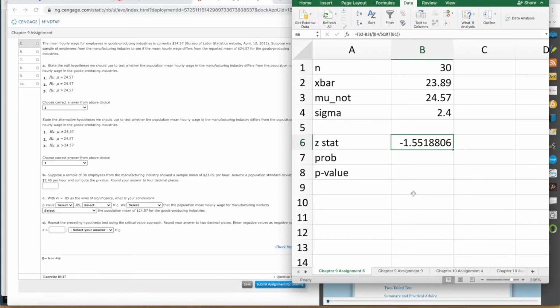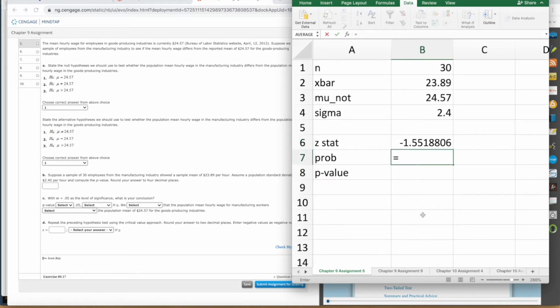Now the question is, is that negative enough to give us a rejection of the null hypothesis? So let's first just find the probability to the left of that, which will be one of our tails.